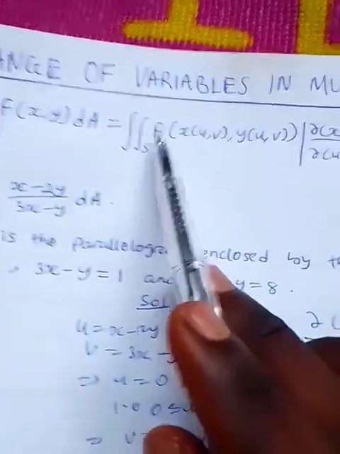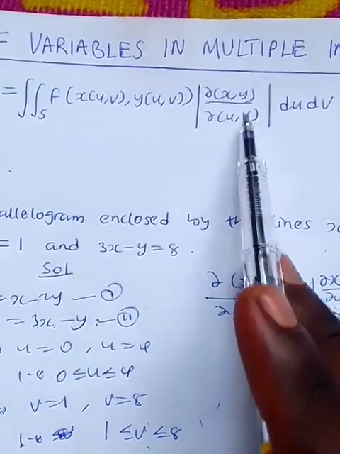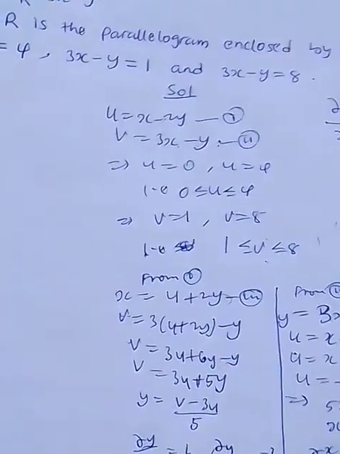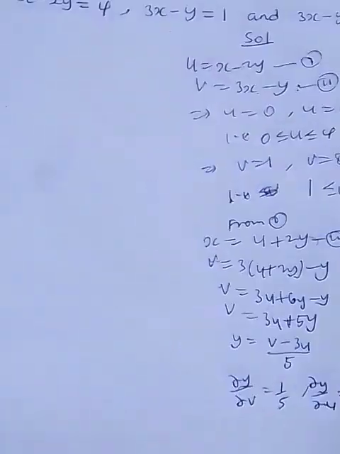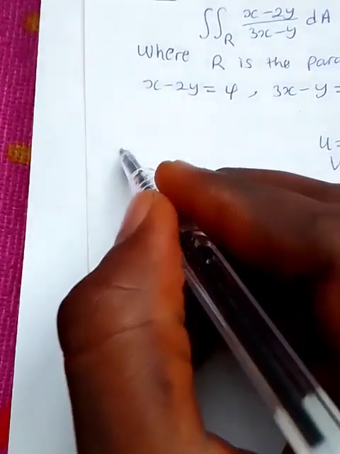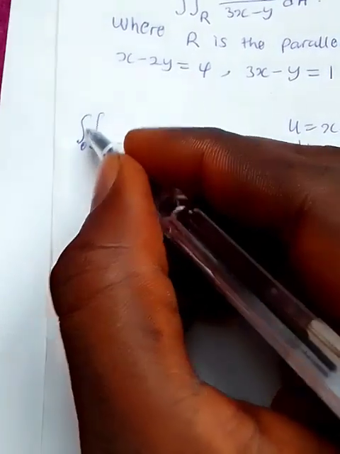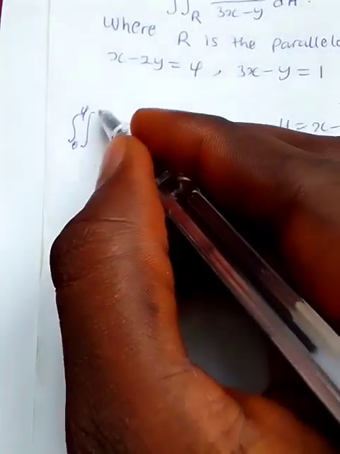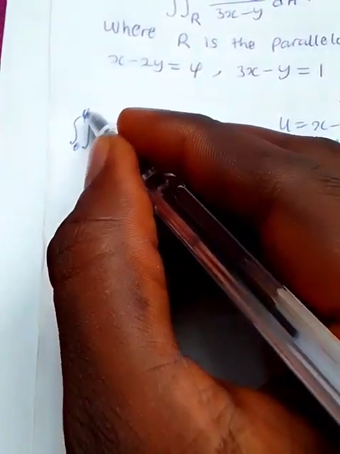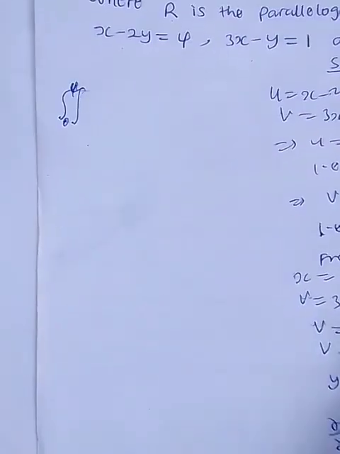Now we can evaluate our integral and substitute our Jacobian transformation into it. Let me write it here. We have the double integral, for u we have 0 to 4, and for v we have 1 to 8.